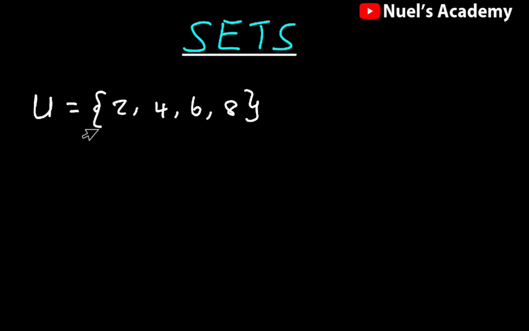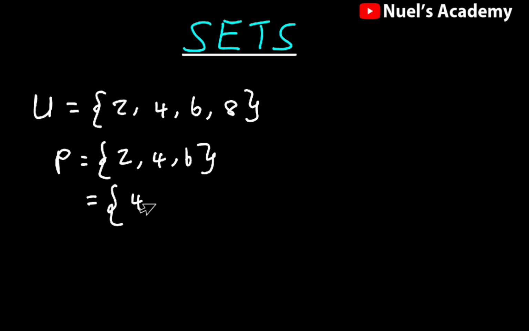Now, other sets can emerge from this set, and those sets are called subsets. For example, if P is a subset of this universal set, then P may be equal to {2, 4, 6}, or it may contain the following elements: 4, 8, and 2.